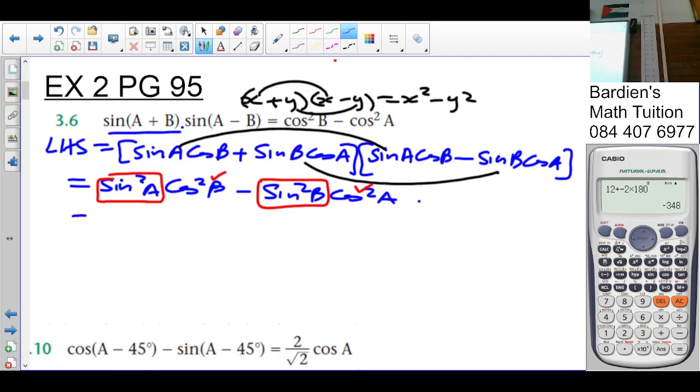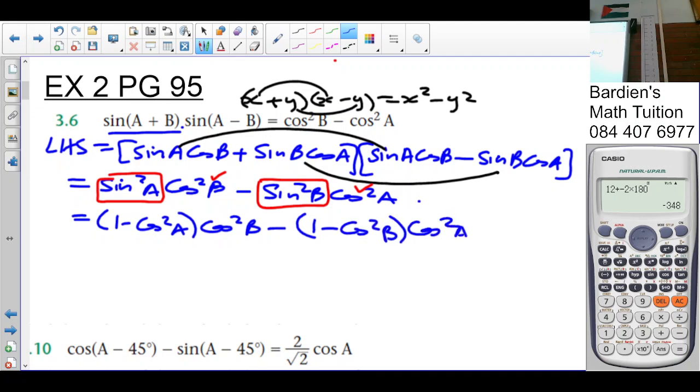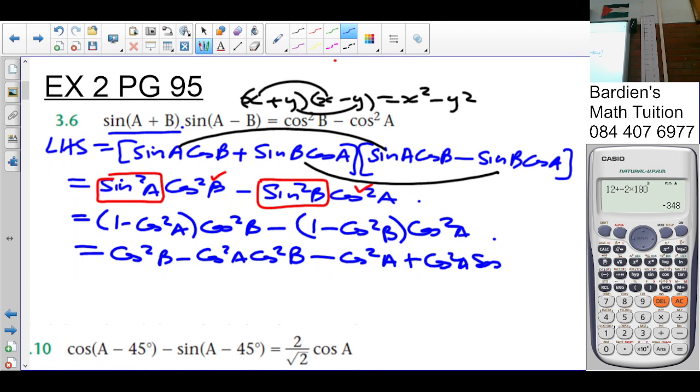Okay, so I'm going to replace that with 1 minus cos squared A times cos squared B, minus 1 minus cos squared B times cos squared A. So you multiply this out, I get cos squared B minus cos squared A cos squared B, minus cos squared A plus cos squared A cos squared B. Okay, so you see here, negative cos squared A cos squared B cancels cos squared A cos squared B. So that would simply be cos squared B minus cos squared A, which is equal to the right hand side.